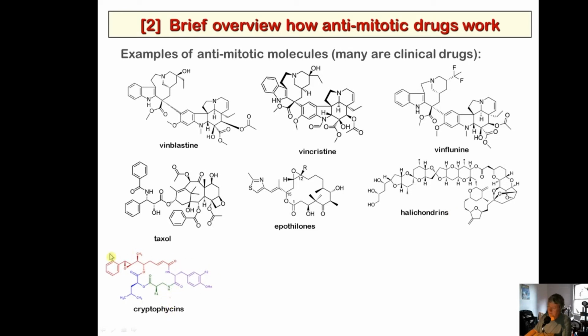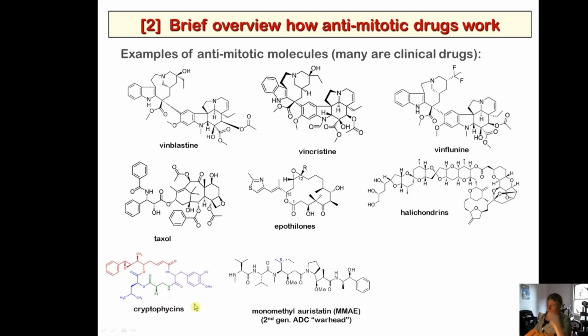Cryptophycins are another class of molecules, and these have different subunits that are color-coded in this example. That's not that important, so we're not really dealing with it. And then there are these cytotoxic antimitotic peptides, which have more of a peptide structure. Pretty simple. These are not easy to make.